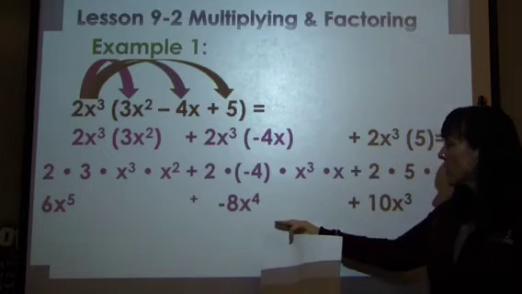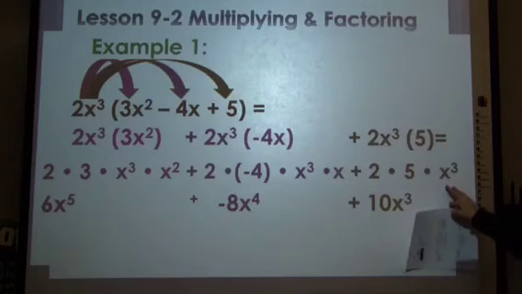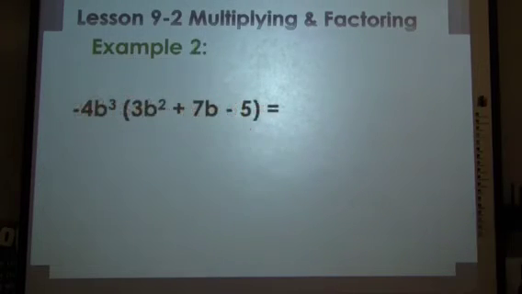And then x to the third times x is x to the fourth. 2 times 5 is 10. And we don't have another term to multiply x to the third with, so it stays the same.